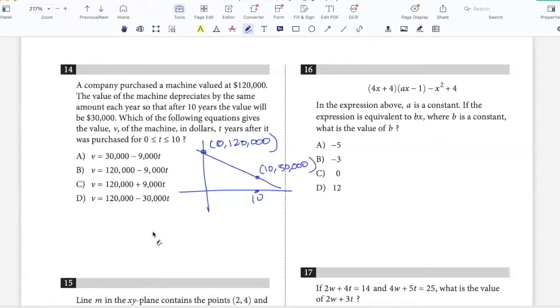So it depreciates per year by 120 minus 30, which is 90,000 by minus 10. So that is minus 9,000, right? So it depreciates by 9,000 per year. So the value after t years would be 120,000 minus 9,000t. So that's option B.